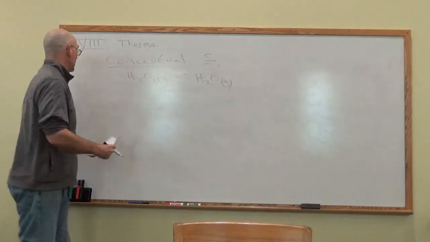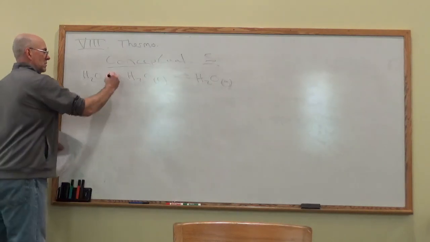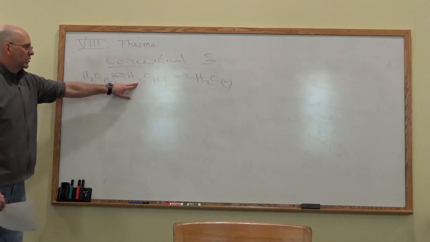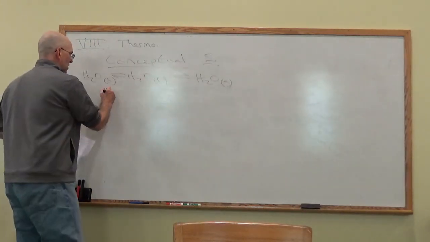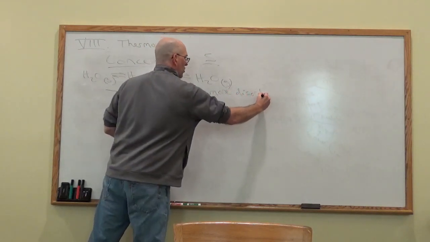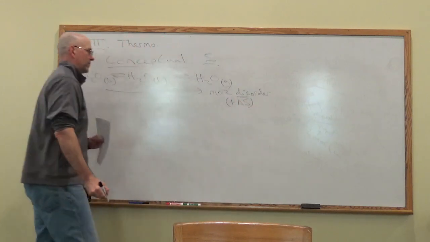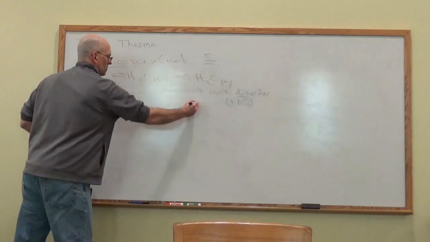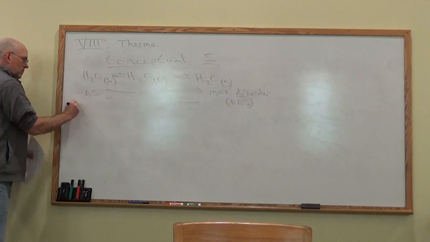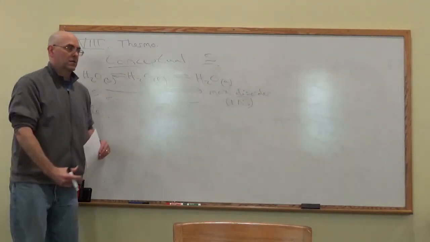Well, actually, you know what? I'm going to extend this out. If you go from a solid to a liquid to a gas, that is more disorder, which we symbolize with a positive delta S. Make sense?